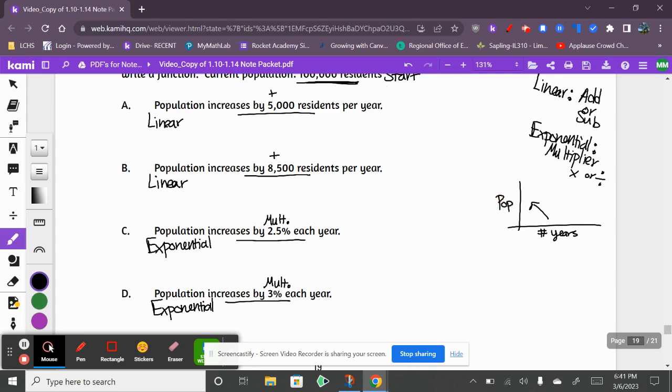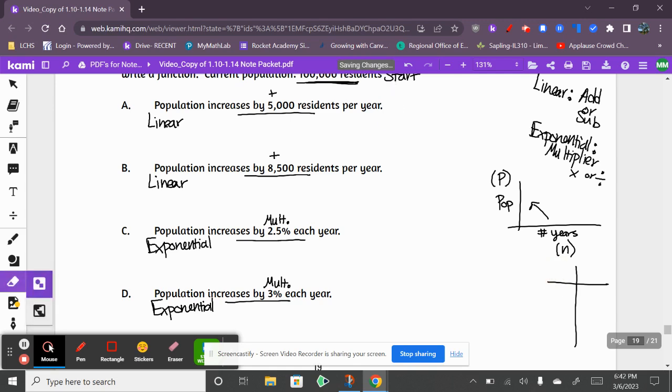So let's go ahead and make N represent the number of years, and let's make a P represent the overall population. So you can also think of this for your input and your output. N is going to be your input or your independent variable. P is going to be your output or your dependent variable.